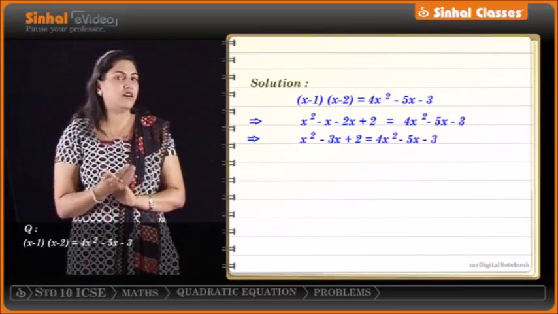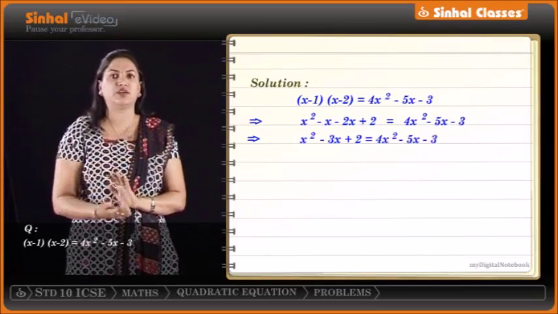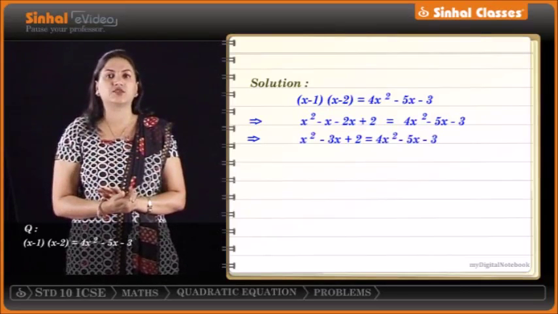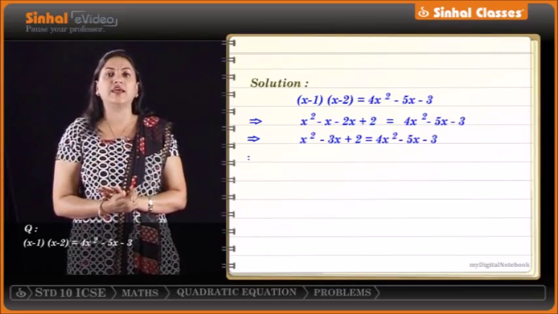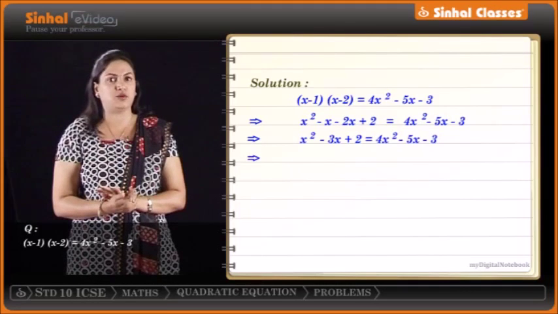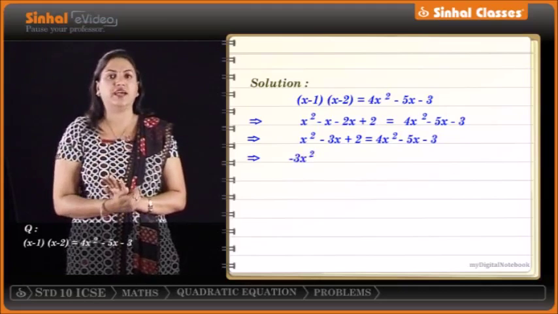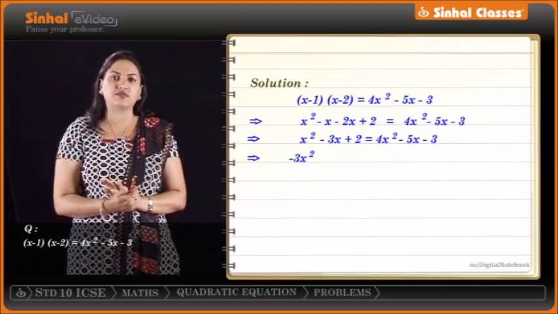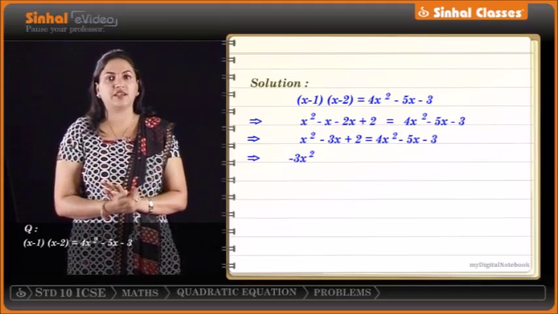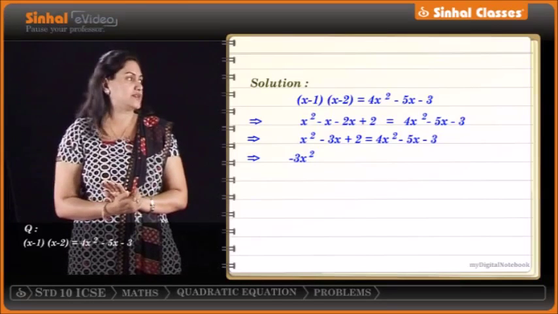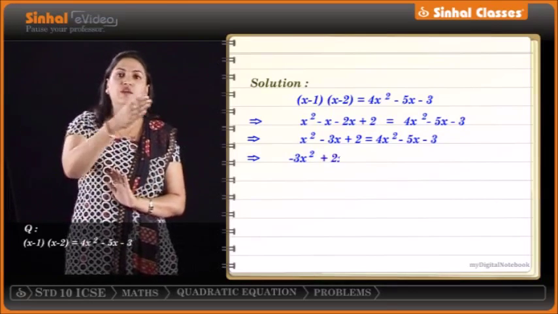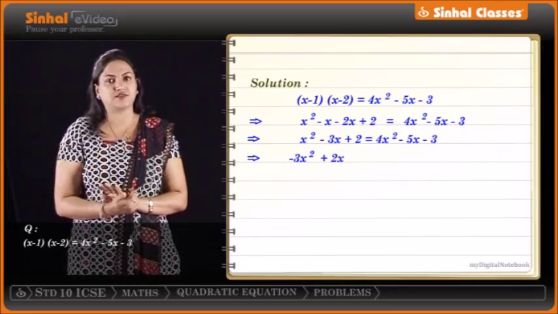Now we transfer 4x square to the left, we get x square minus 4x square, that is minus 3x square. Now take minus 5x to the left, we get minus 3x plus 5x, which is plus 2x, and plus 2 plus 3 gives us 5.